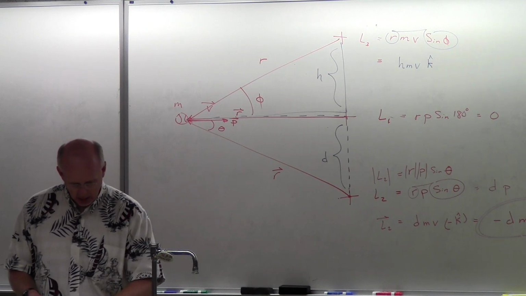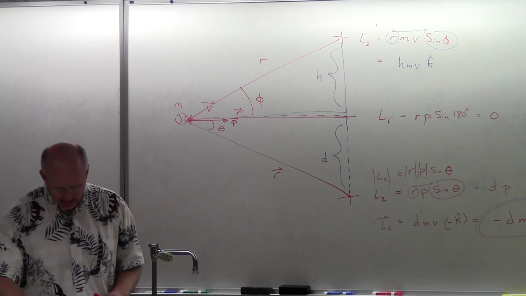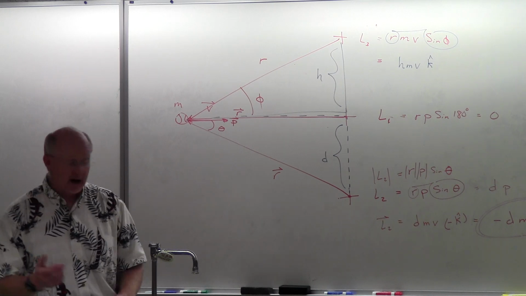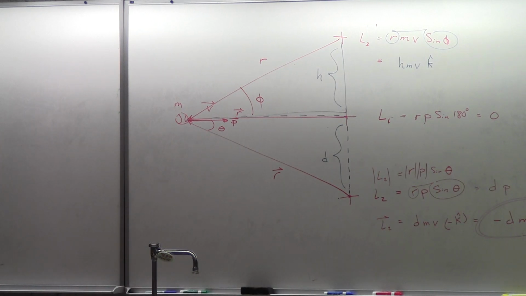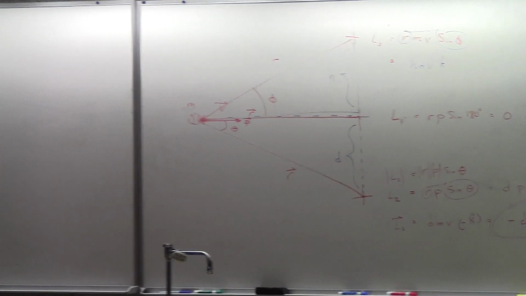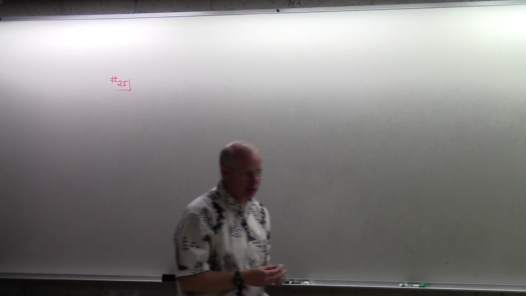So I'll come over here and say, all right, let's look at number 25. 25 is a good one to get started. It's probably the most direct one we can do here in terms of rotation and angular momentum. It's exactly that. What is the angular momentum? It says this: a particle of mass 0.4 kilograms is attached to the 100 centimeter mark on a meter stick of mass 0.1 kilograms.